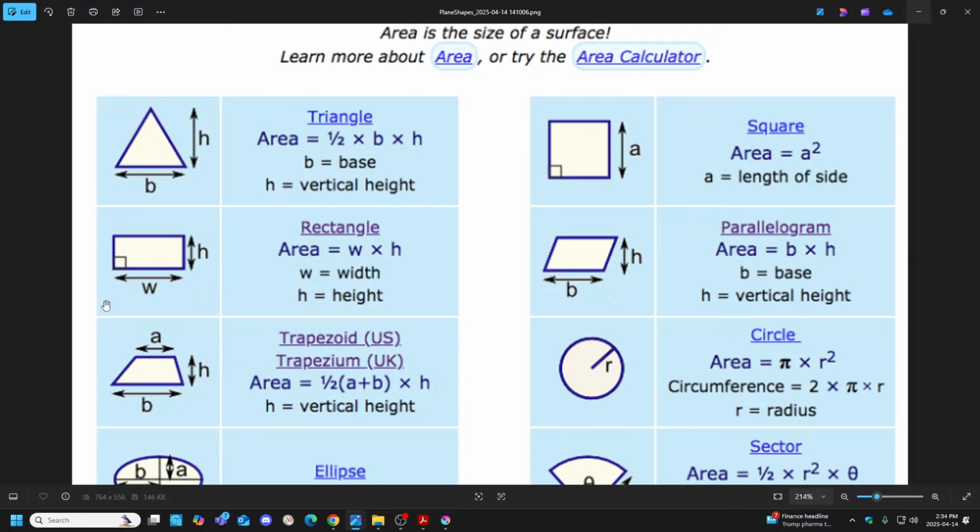All four angles inside the rectangle are right angles, meaning they measure 90 degrees. Opposite sides equal and parallel. The two sides that are opposite each other are equal in length and run parallel to each other, right?